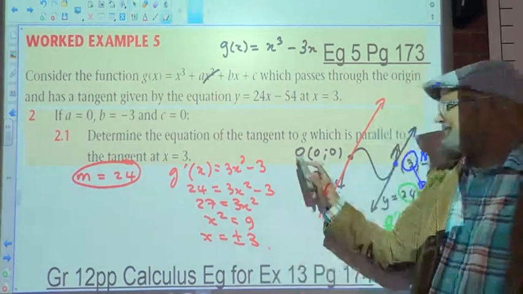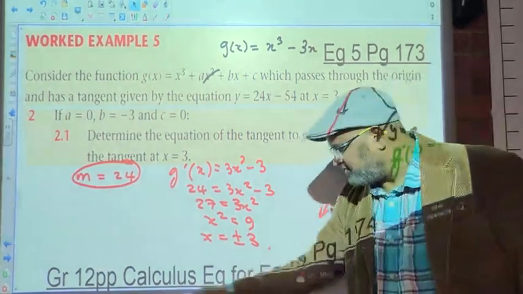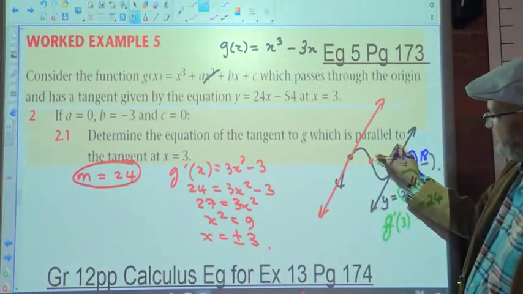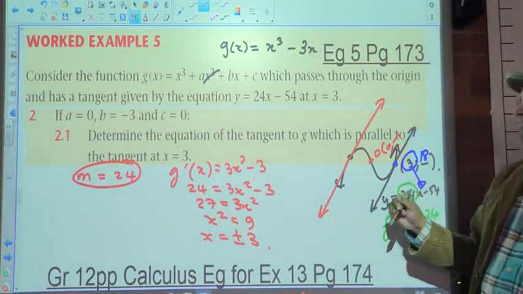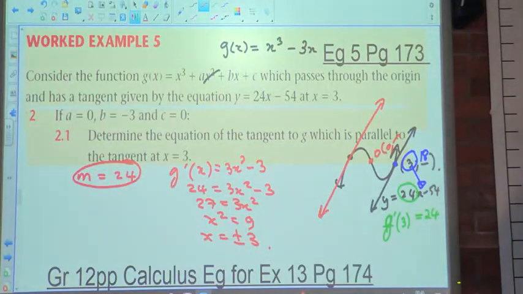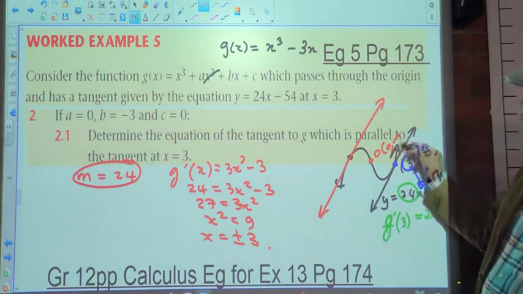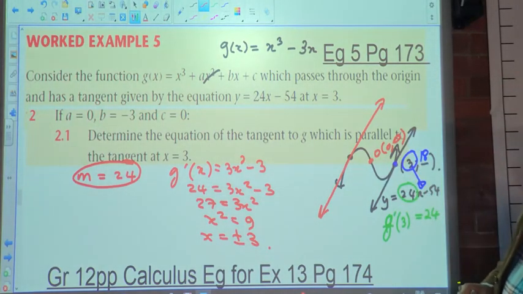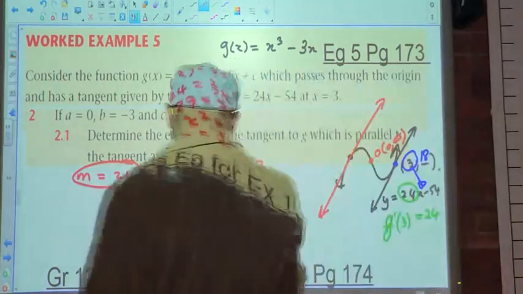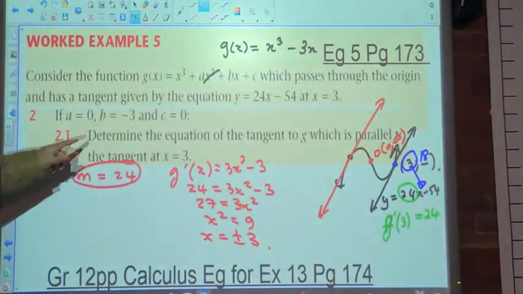So let's look at this here. By our findings at this point, the point of inflection is about there. Why? Because the point of inflection also happens between your two turning points. And as you can see, the gradients are the same, so it's also going to happen midway between those two. Okay, so have we answered the question?